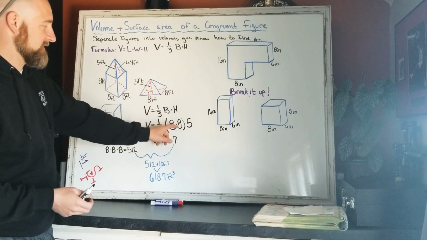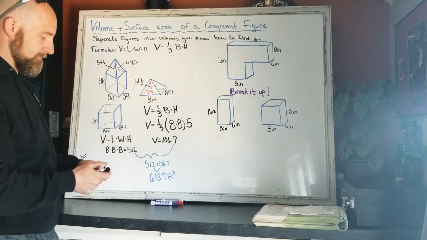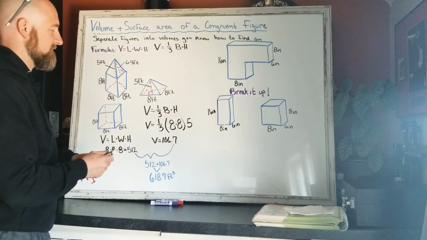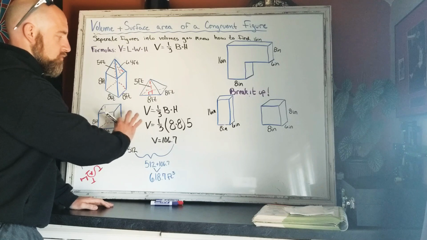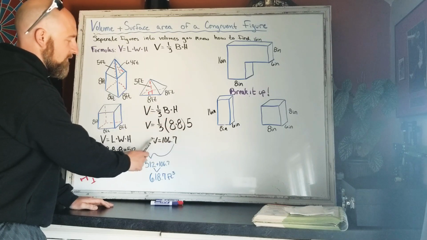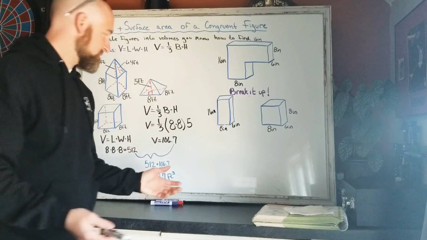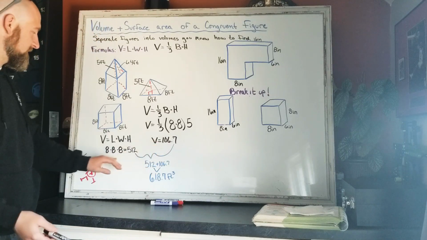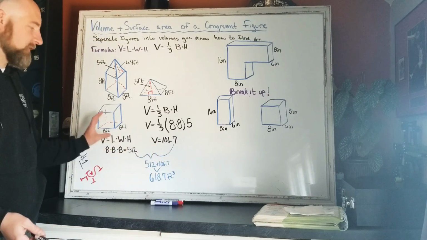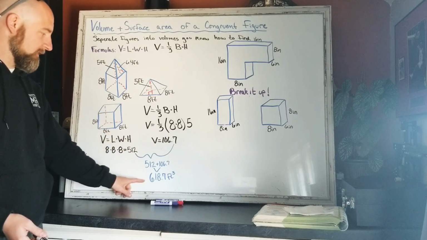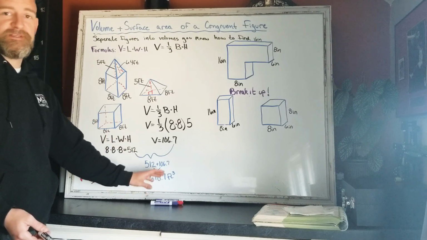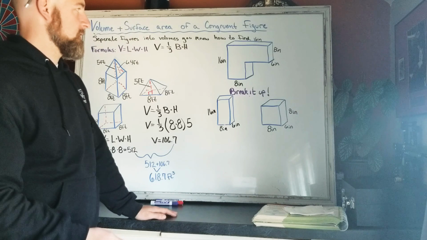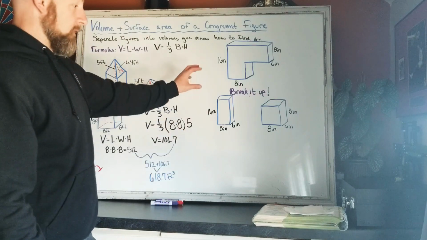So we're going to have 8 times 8 in parentheses, and we do that part first, times 5. When we do this whole problem out, volume equals 106.7. And we take that 106.7 and add it to the 512 we got from the square, and that will give us 618.7 feet cubed.